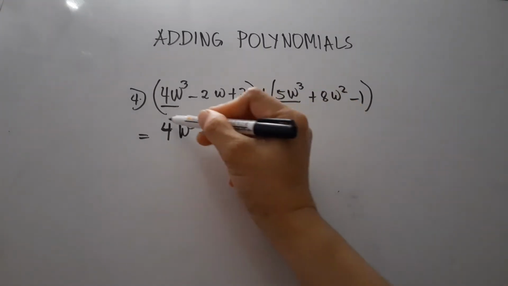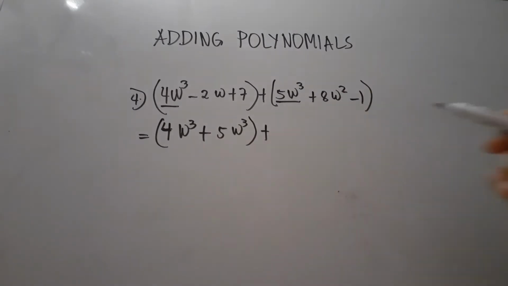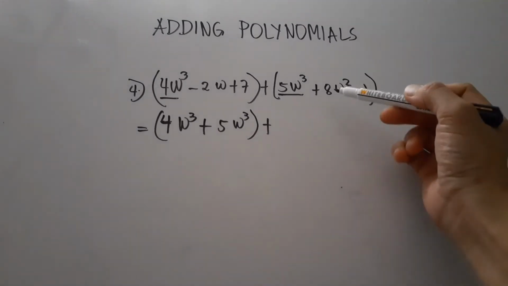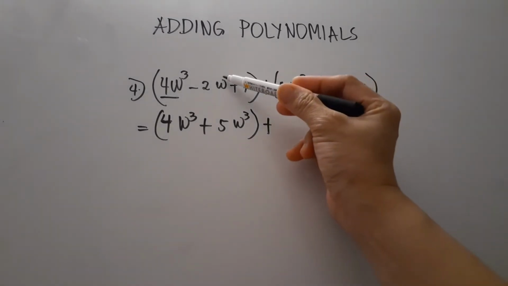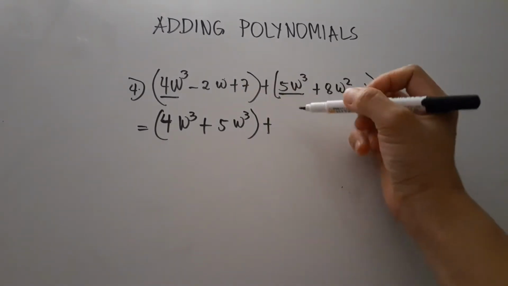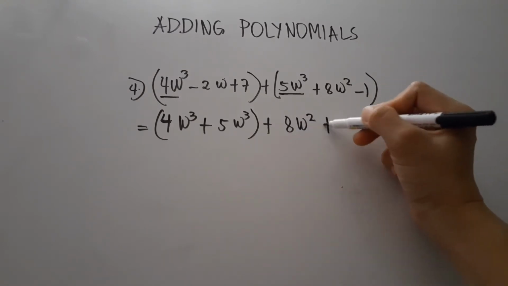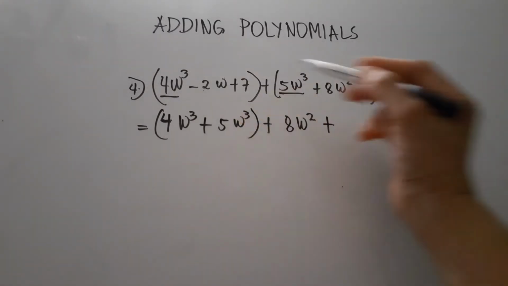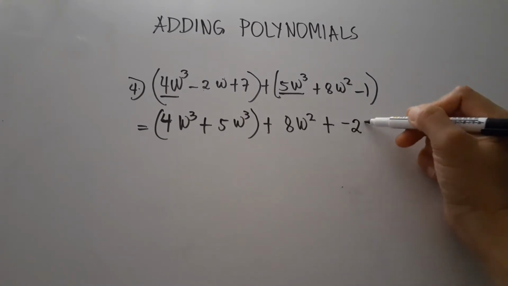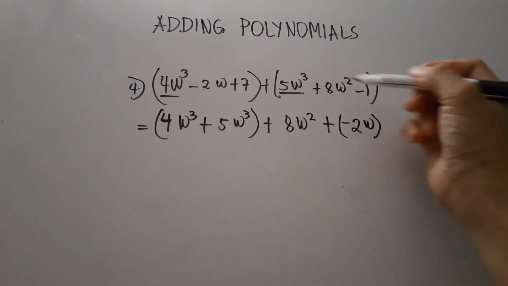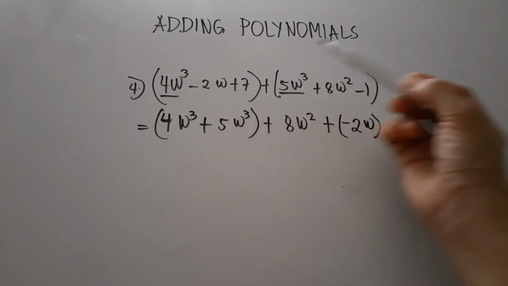and then we separate the positive 8w squared because it is the next largest degree, so we can write it first, so 8w squared, and then plus negative 2w. Remember, we cannot add or subtract this one because it's not the same term.